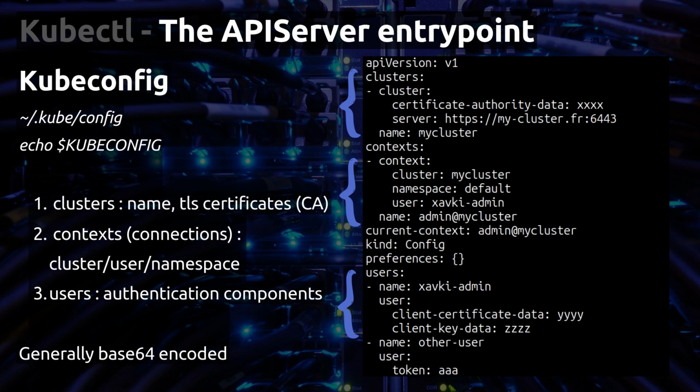Usually behind this DNS, we have a load balancer to be sure that we have multiple masters and load balance through these multiple masters. And to be sure to use HTTPS with no self-signed certificate, the kubeconfig has in it the certificate authority data, and this is where we have the TLS certificate to be sure to handle the HTTPS.